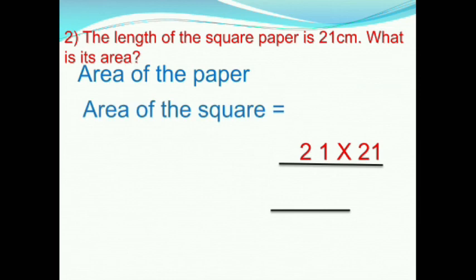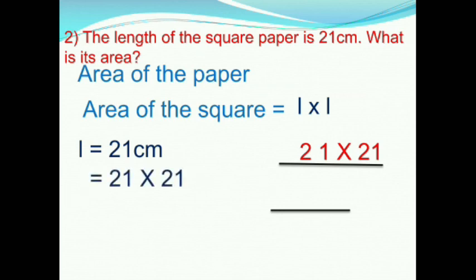To find out the area of the square, which formula we can use? Yes, L into L. L means length. What is the length of this paper? Yes, 21 centimeter. Now we should find out the area of this square paper. To find out, we should multiply 21 by 21.